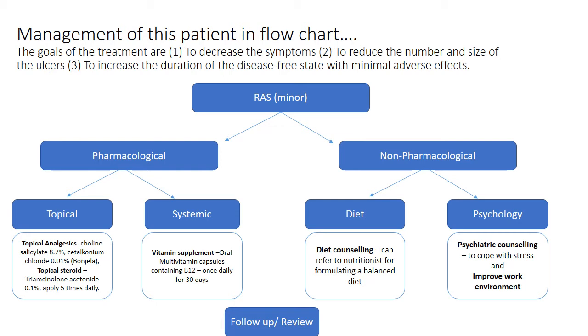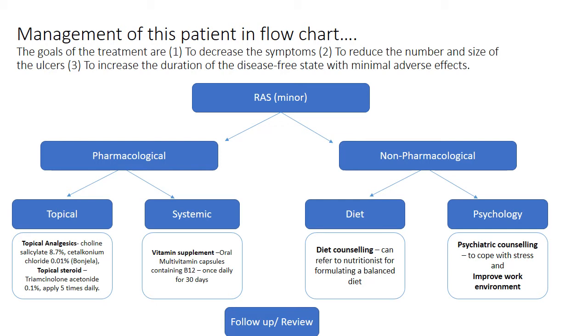The reason being that in this case, it is not that we cannot conduct investigations, but in many other cases, we do not conduct investigations straight away. Because with recurrent aphthous stomatitis, you can perform cytological, histopathological, and hematological investigations to find any associated factors.